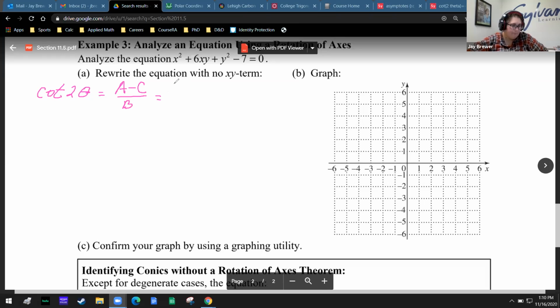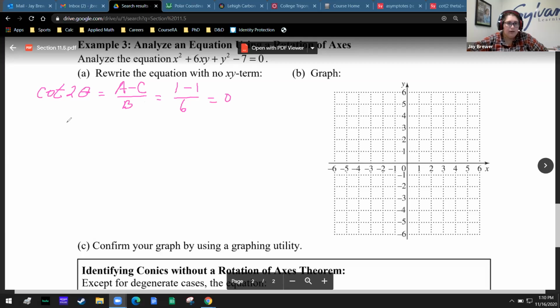A is 1, and then b is 6. Yep. And c is also 1. Okay, so then 1 minus 1 will give us a 0. Oh, that's so much nicer.